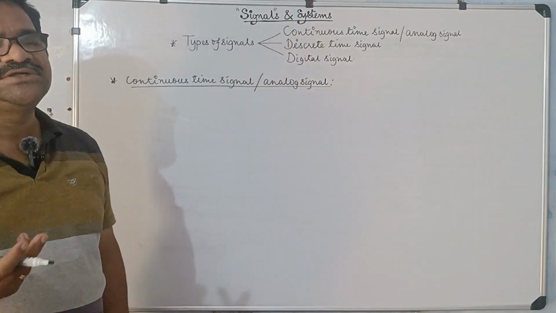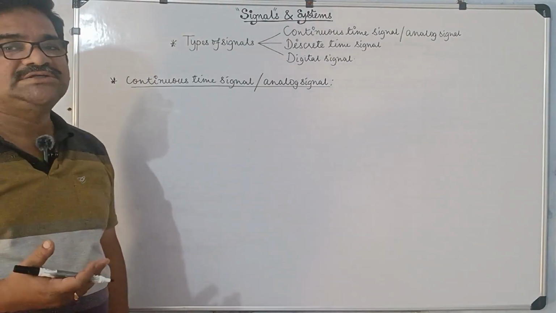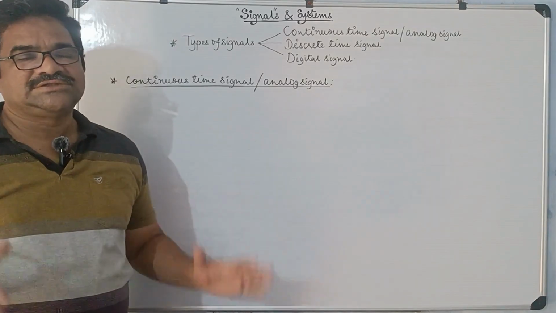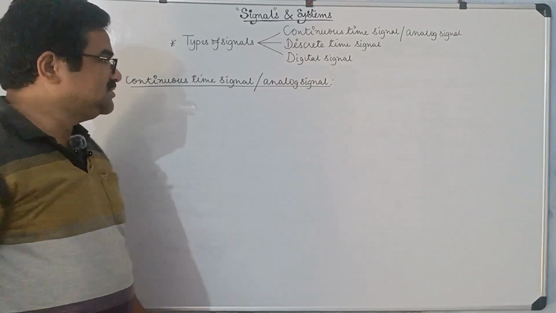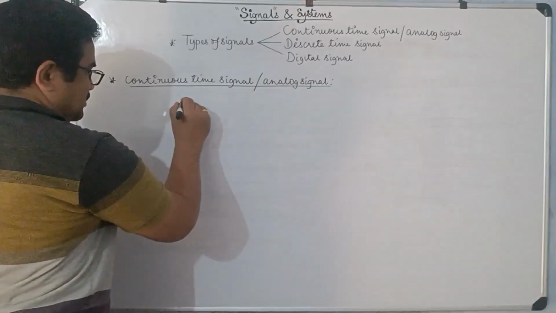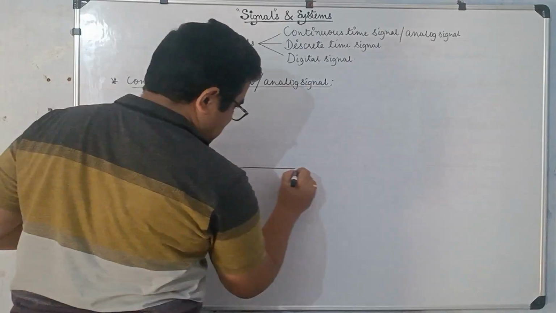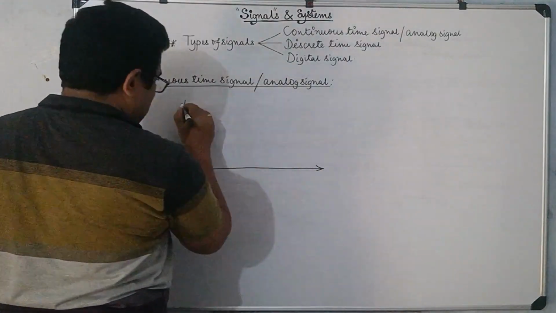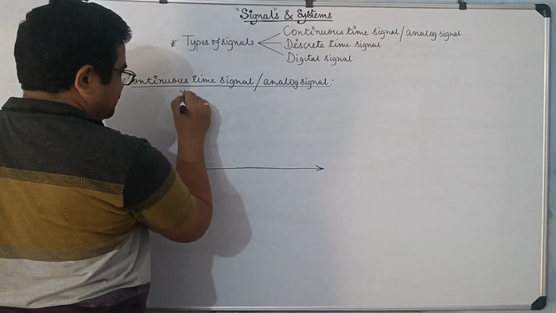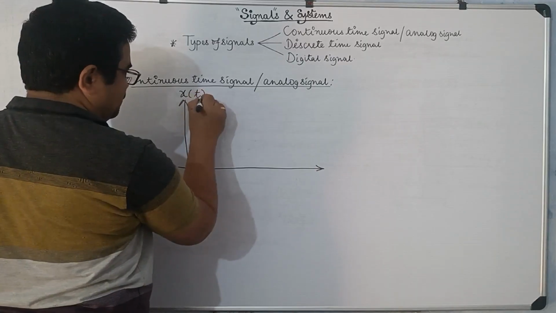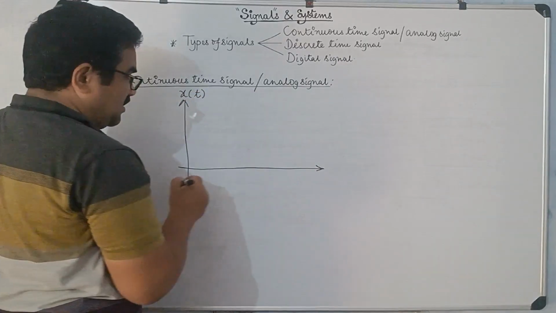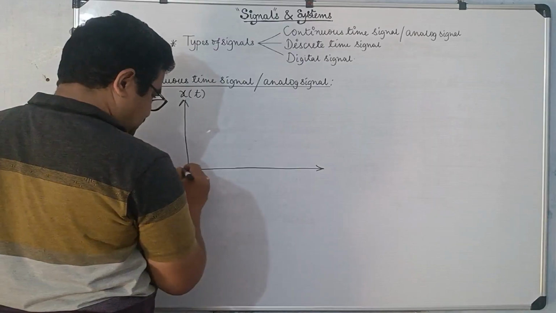That is, the signal has a value at any instant of time over some interval. Let us try to understand this graphically. Let us say I have a signal x of t. x is a signal which is a function of the independent variable time.